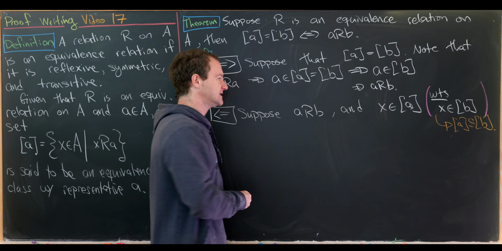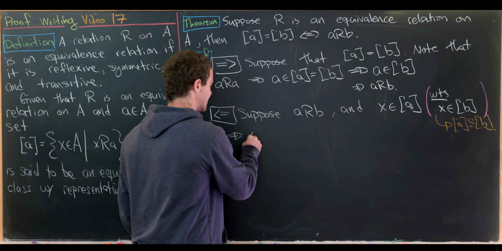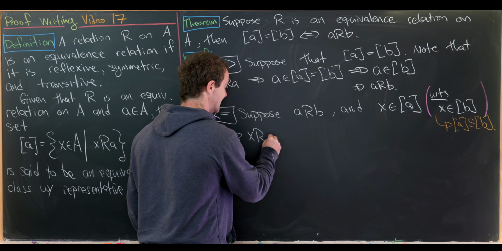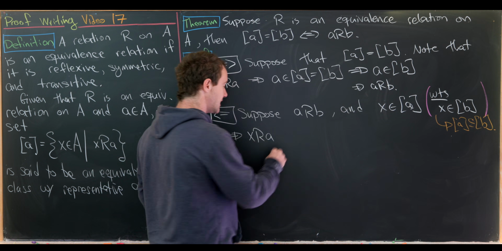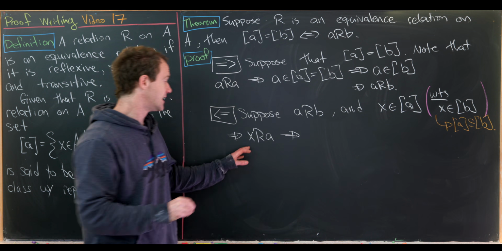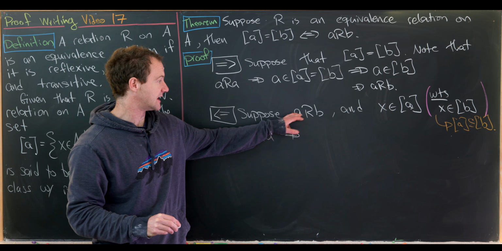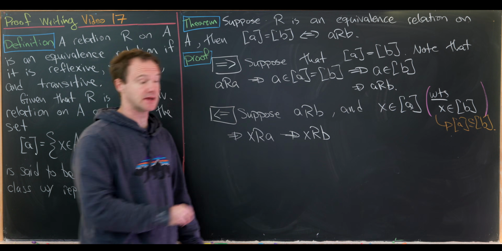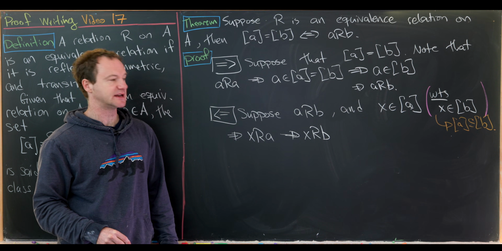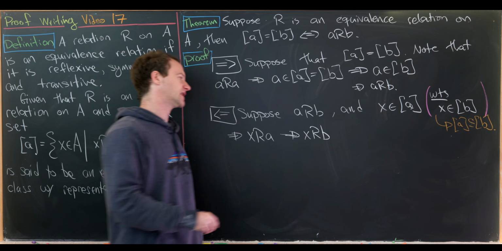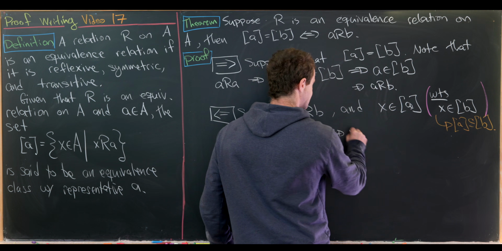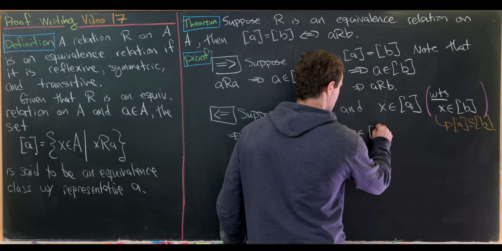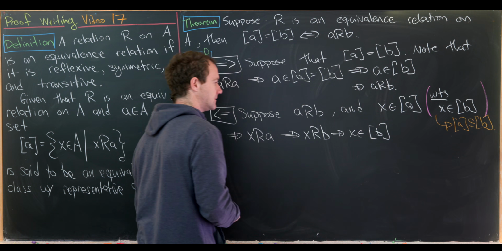If X is in the equivalence class of A, then that tells us that X is related to A. But then by transitivity, X is related to A and A is related to B, which means X is related to B. Oh, but if X is related to B, then that's exactly the condition for X to be in the equivalence class of B.